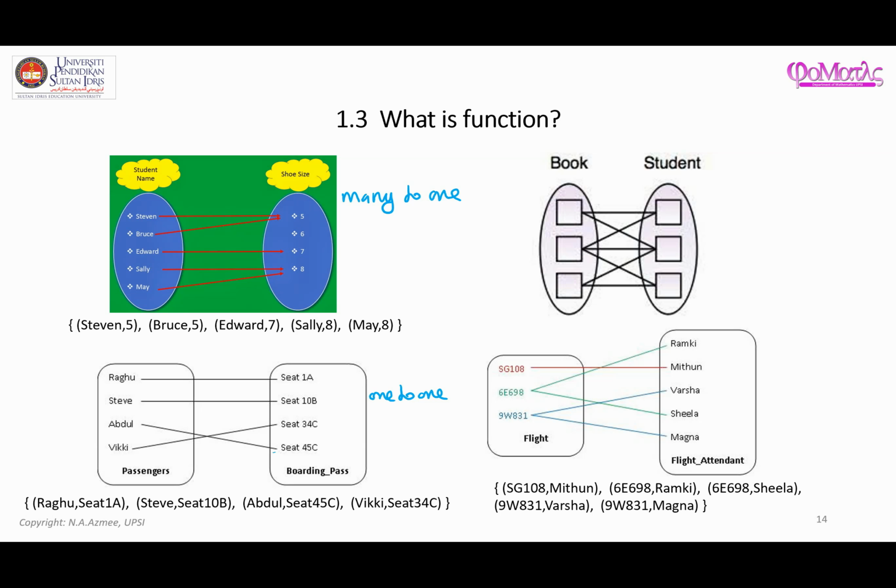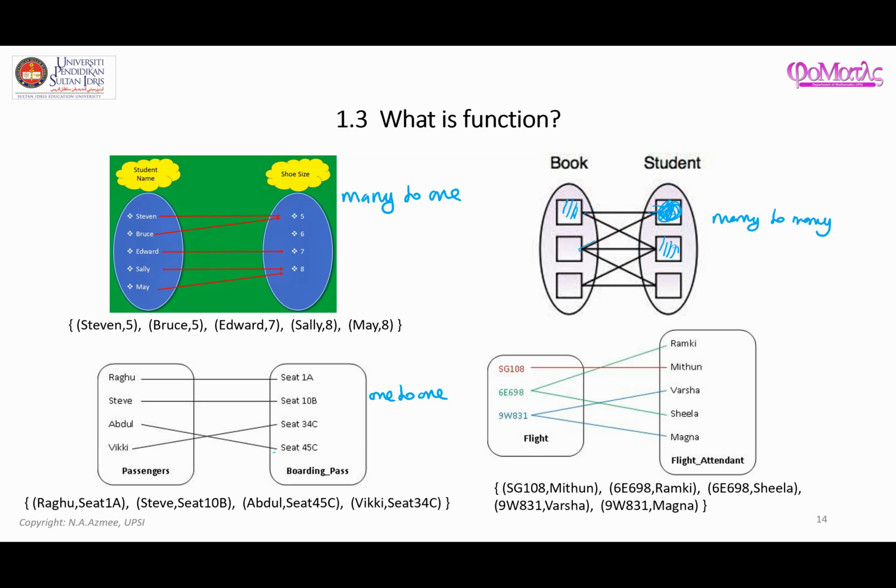For this one, you can see that the same book title can be borrowed by these two students here. And similarly, this particular student can borrow two different books. So this is an example of many to many.